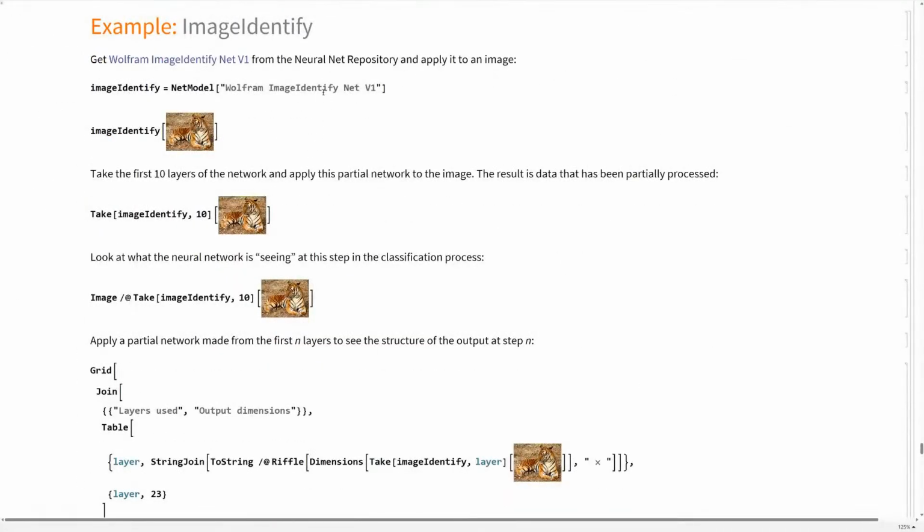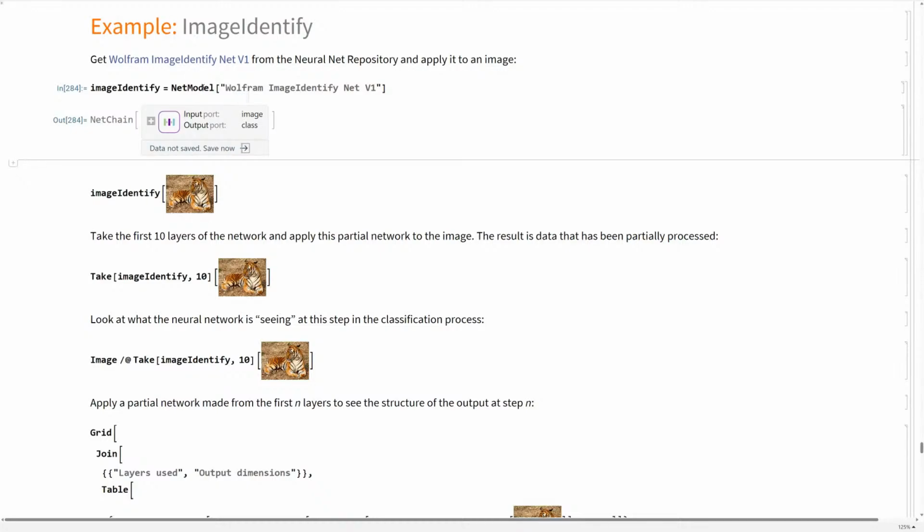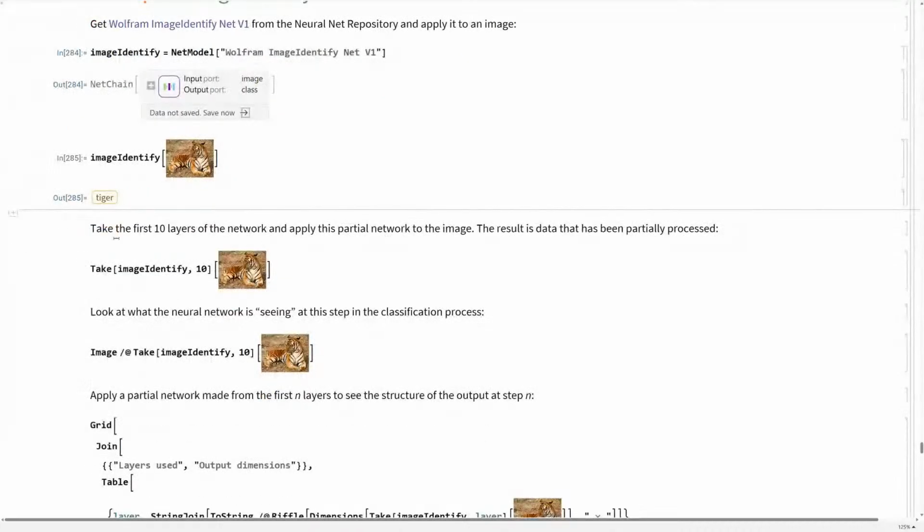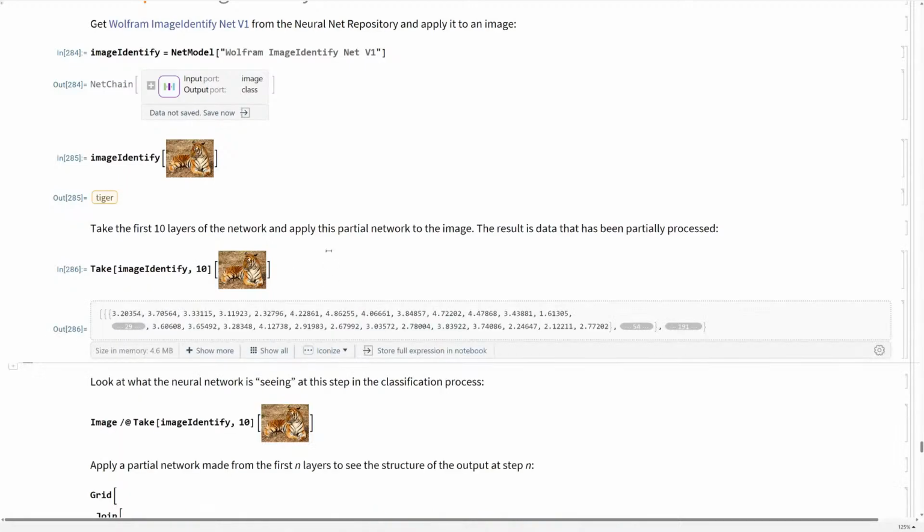Now this example is trying to help you understand what a neural net is seeing at different layers. First of all, again, we pull in the model, and we would like this model to identify what this picture is, which is a tiger. So here, what I'm doing is taking the first 10 layers of the network and applying them to the image so that we can see what the net is seeing at the 10th layer.